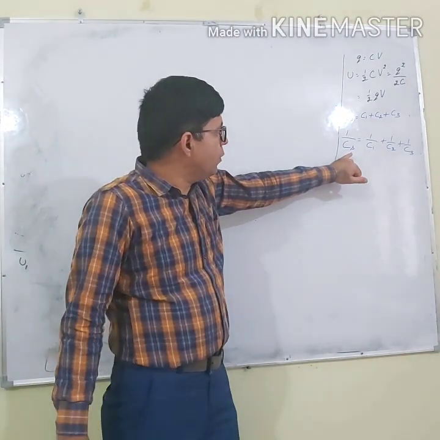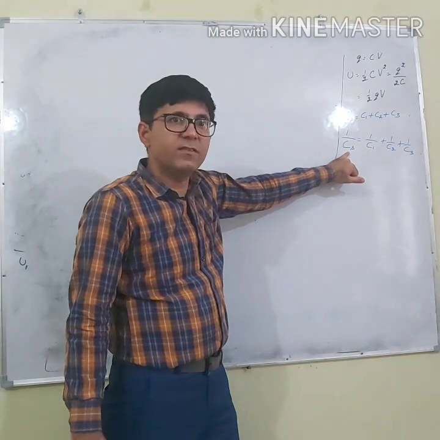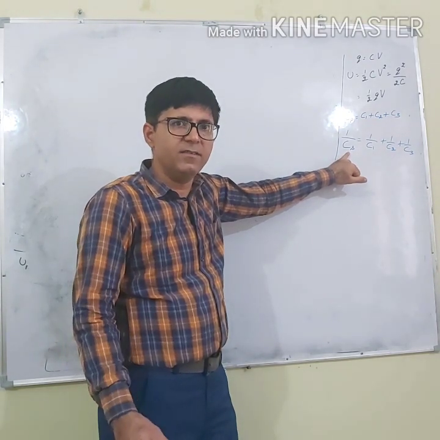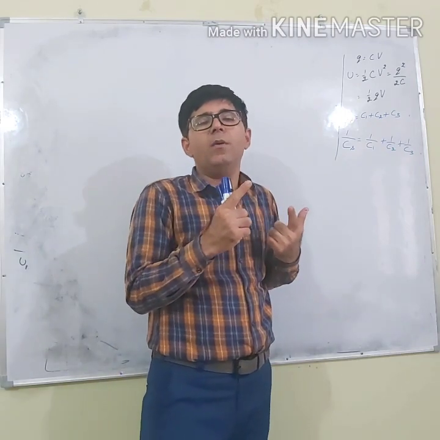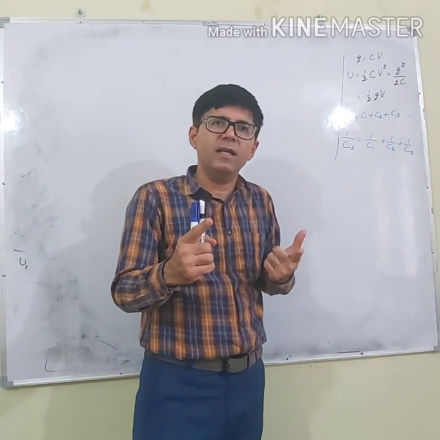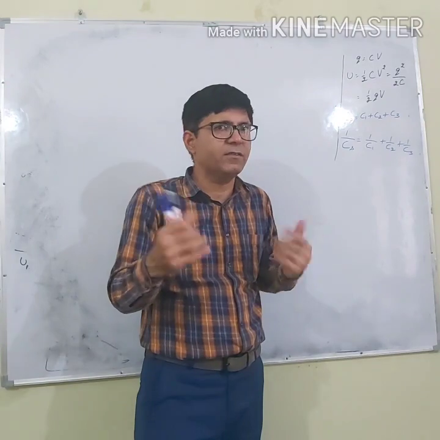Now listen, you have done the case of resistors in series and parallel in grade 10. In series you have done R1 plus R2 plus R3 equal to the equivalent resistance.